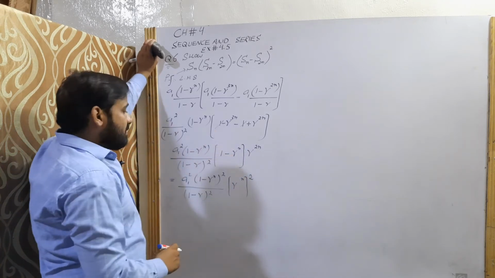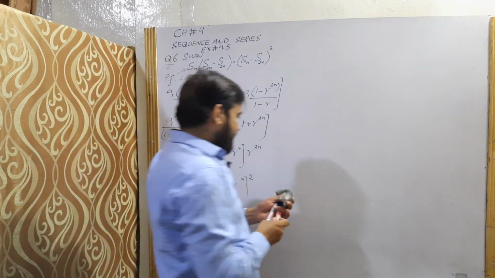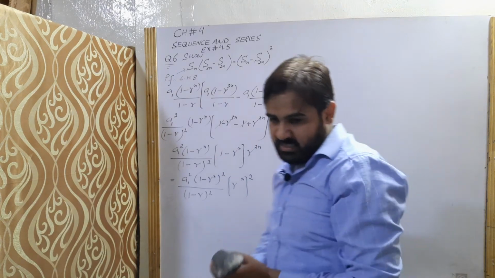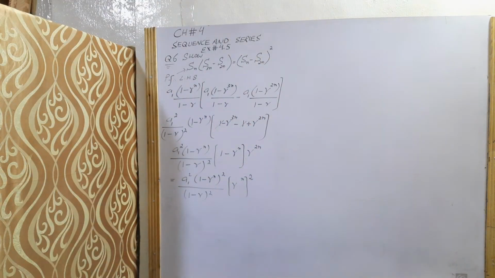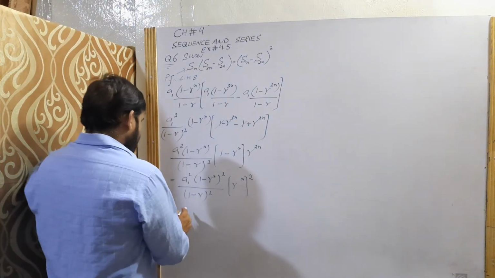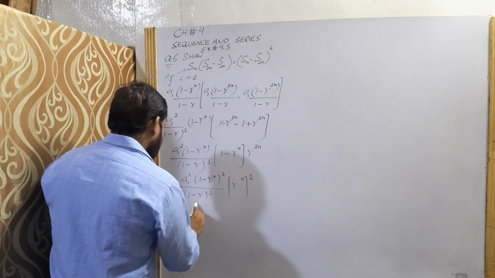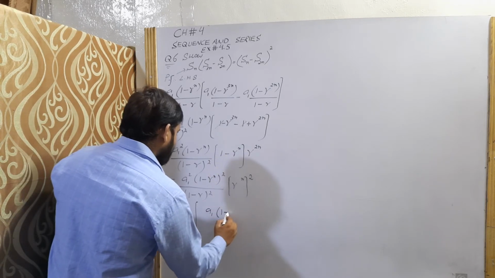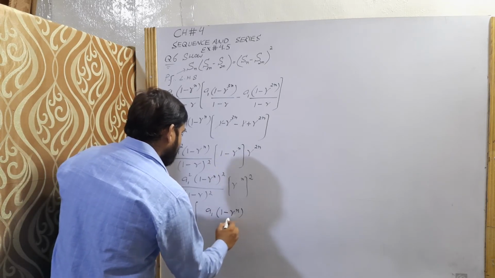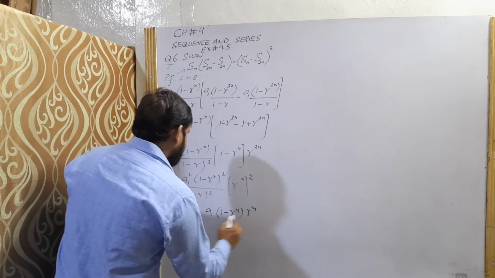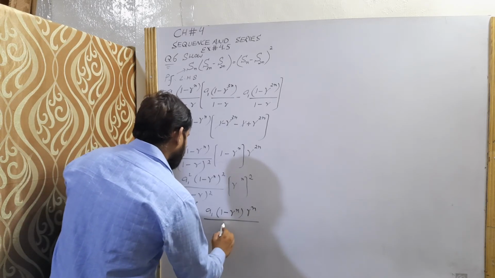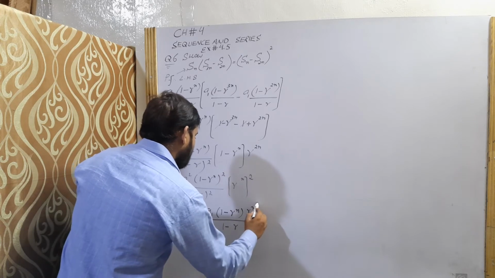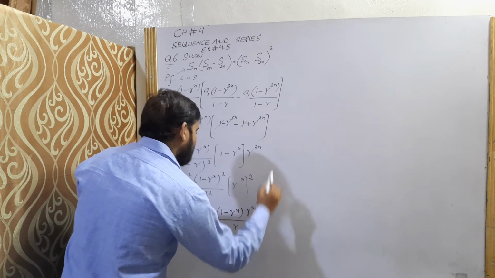So in this situation we created square in a whole, so this can be written as A1 (1 minus r^n) divided by (1 minus r) and whole raised to power 2.